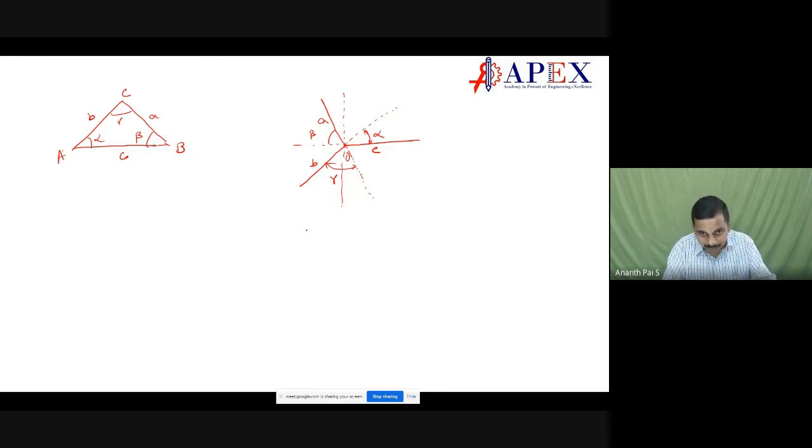A by sine alpha is equal to B by sine beta is equal to C by sine gamma. We know that sine of 180 minus alpha is equal to sine alpha.